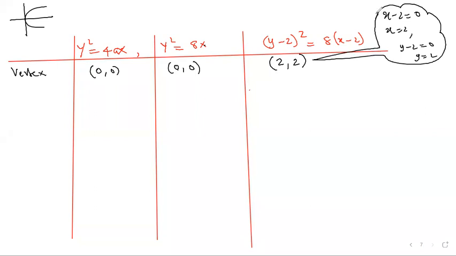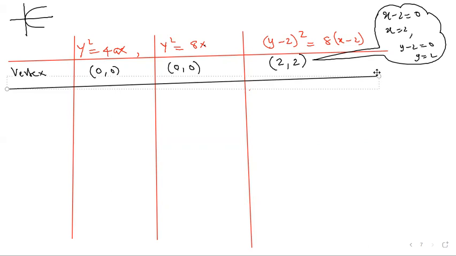Now suppose I want to find the focus. First I'll calculate the focus for the original parabola. What is the focus of this parabola? (a, 0). What is the value of a here? 4a is 8, so a is 2. So the focus of this parabola is (2, 0), which means the x coordinate is 2.